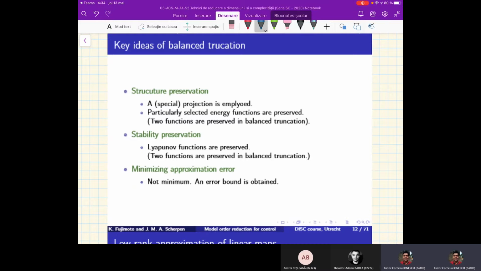That's actually why balanced truncation preserves the stability, because it preserves the energy functions, and one of them can be used as a Lyapunov function to determine the stability of the system. That's the funny thing of it. When you have the observability Gramian, all right.